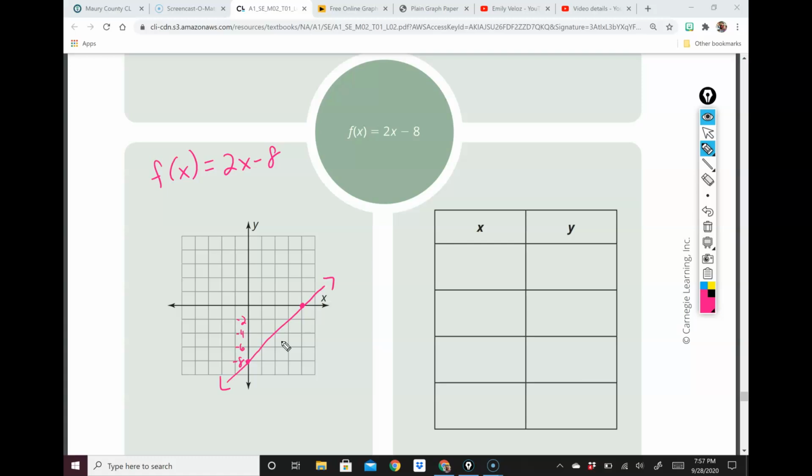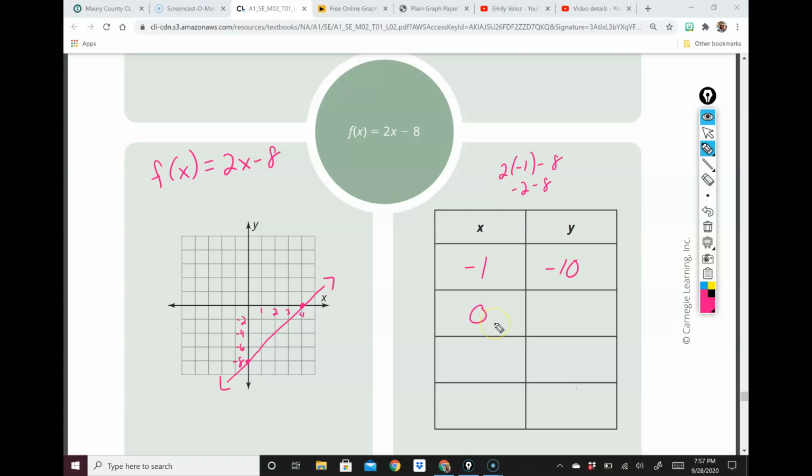Table of values. For this function, when x is, let's say, negative 1, if I plug in negative 1 for x, 2 times negative 1 is negative 2, minus 8 will be negative 10.